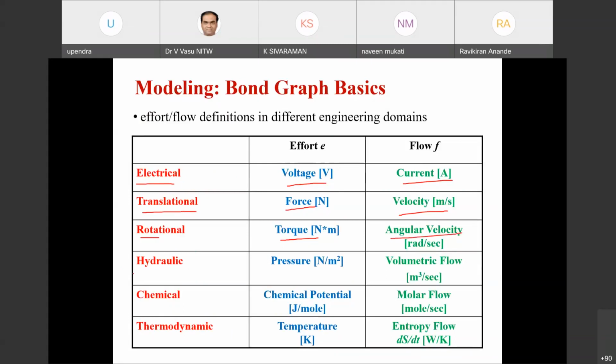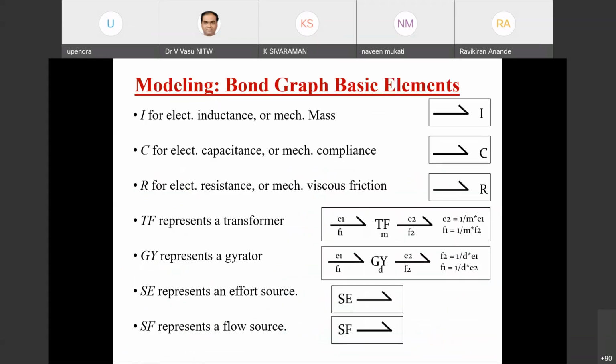In a hydraulic system, the pressure is the effort and the volumetric flow is the flow. In a chemical system, the chemical potential is the effort and the molar flow is the flow. In a thermal system, the temperature is the effort and the enthalpy flow is the flow.